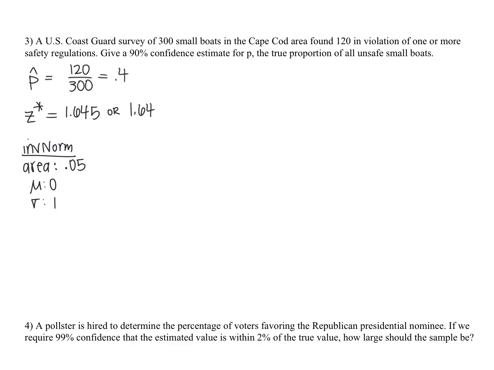So when I set up my interval, 0.4 plus or minus 1.645 times the square root of 0.4 times (1 minus 0.4) all over 300.